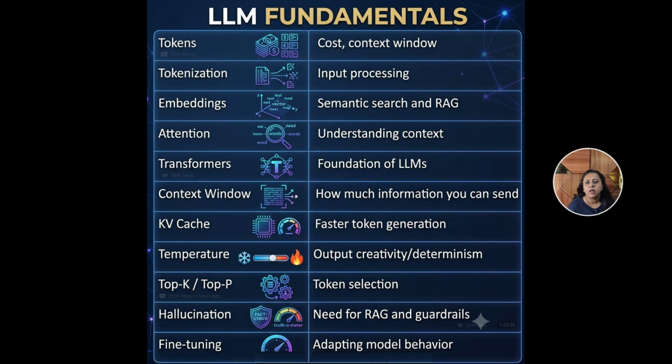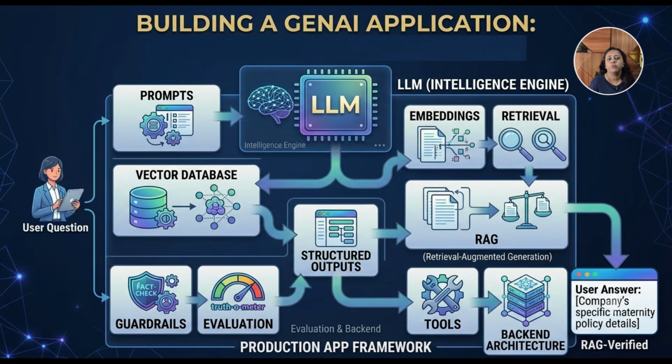If your answers are too random, you need to understand temperature. If your chatbot is giving wrong company information, then we need to understand RAG or retrieval. If your search results are poor, you may need to understand embeddings and chunking. This is how we move from understanding how LLMs work internally to actually building a GenAI application.